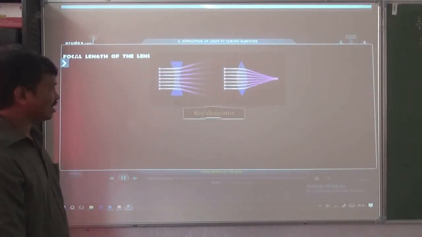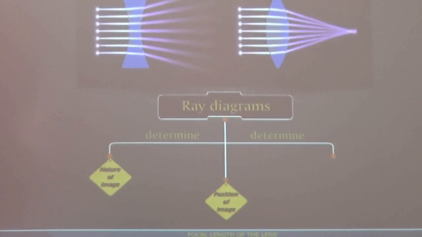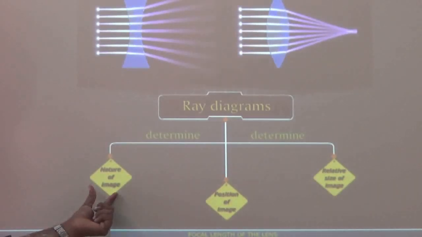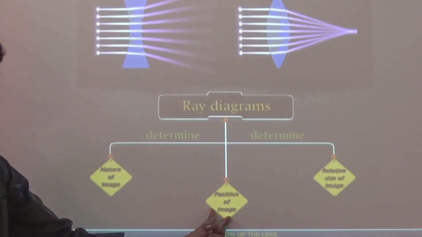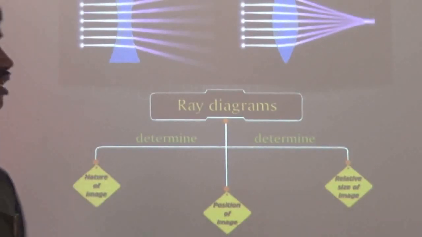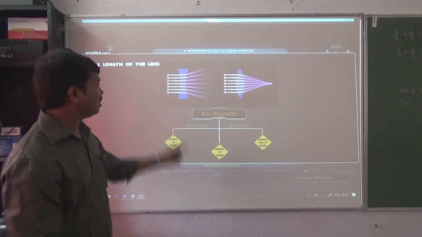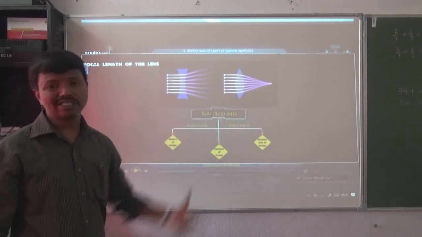While drawing ray diagrams, the important concepts are the nature of the image, the position of the image, and the relative size of the image. These are important while drawing ray diagrams of concave and convex lenses.